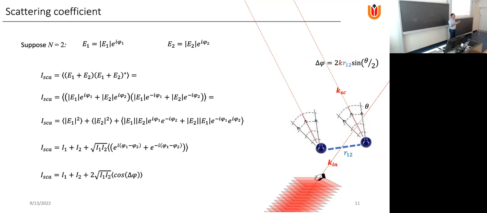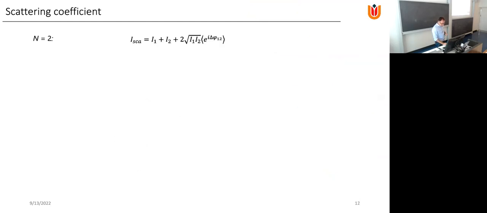So what we would measure in intensity would depend on the separation between the particles. Also, if we kept the separation the same but started looking at a slightly different direction, then also what we would observe could change. So this is for N equals 2.